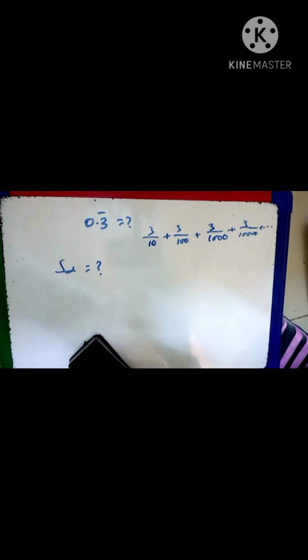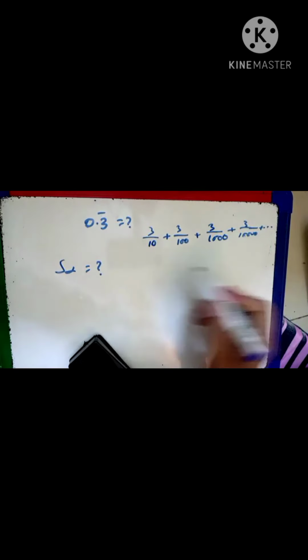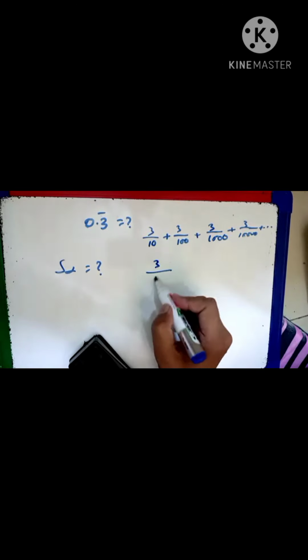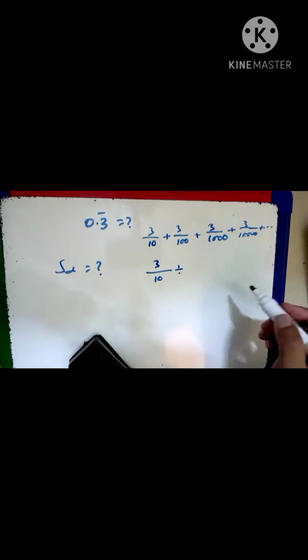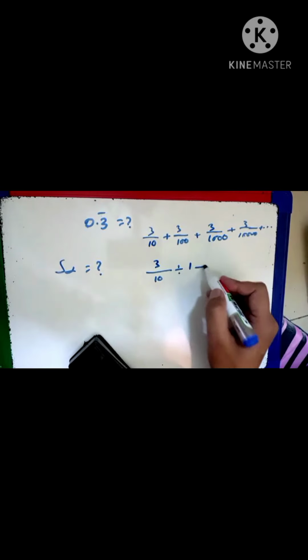Yes, do. The answer is 1 over 3. So how do you get it? You write a over 1 minus r.